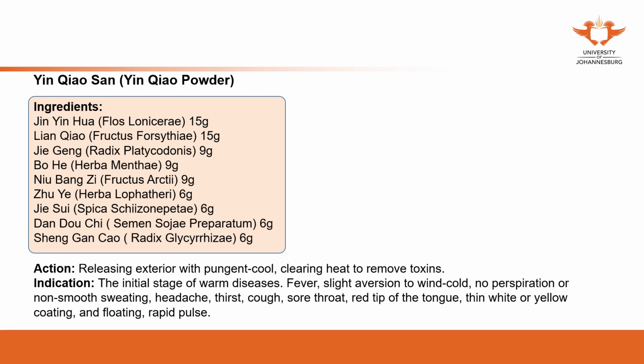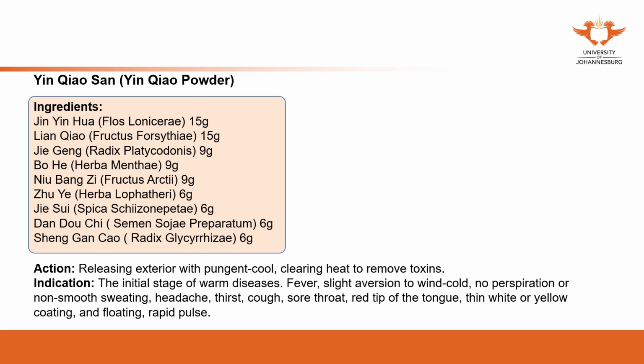This formula is recorded in 温病条辨. 温病条辨 is a monograph that talks about warm diseases. Warm diseases are also common diseases, the common flu or common cold due to wind heat, as well as pandemics. We can also use this group of formulas to treat them, especially the ones due to wind heat.